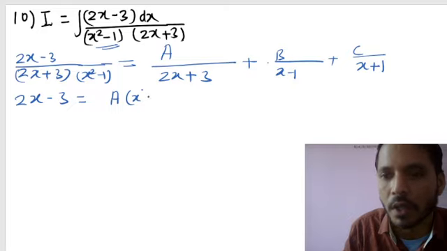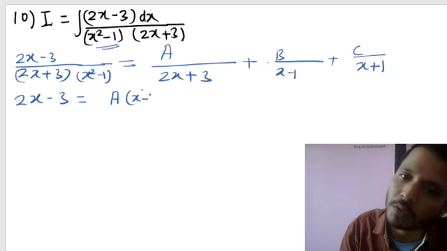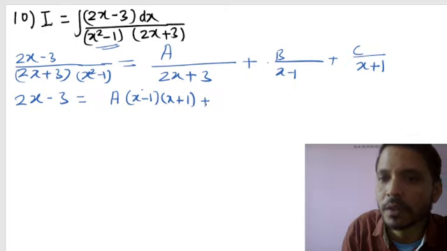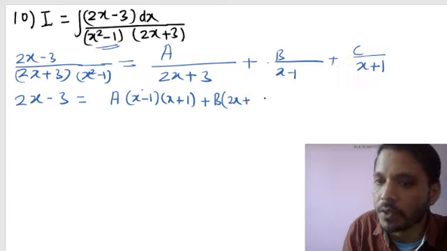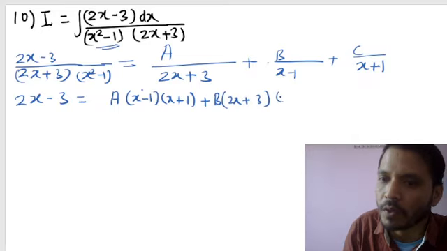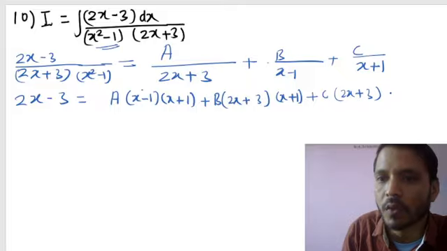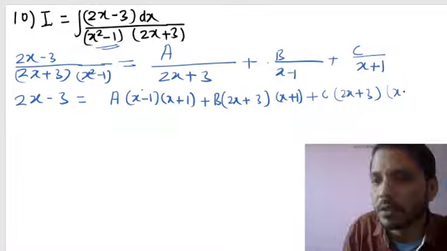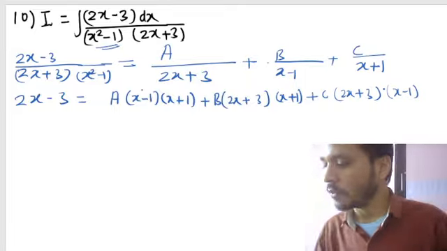If we are taking the LCM, x minus 1 into x plus 1, right, plus b, in b it will become 2x plus 3 into x plus 1, plus c 2x plus 3 into x minus 1.